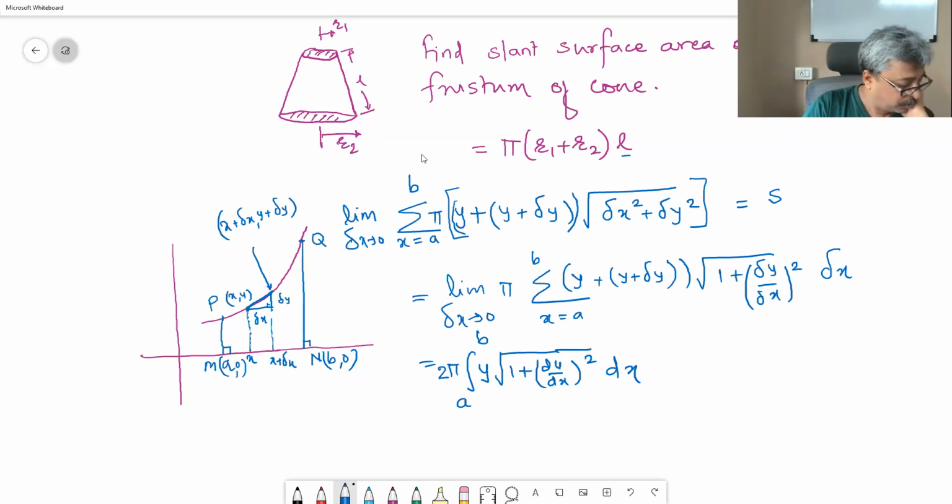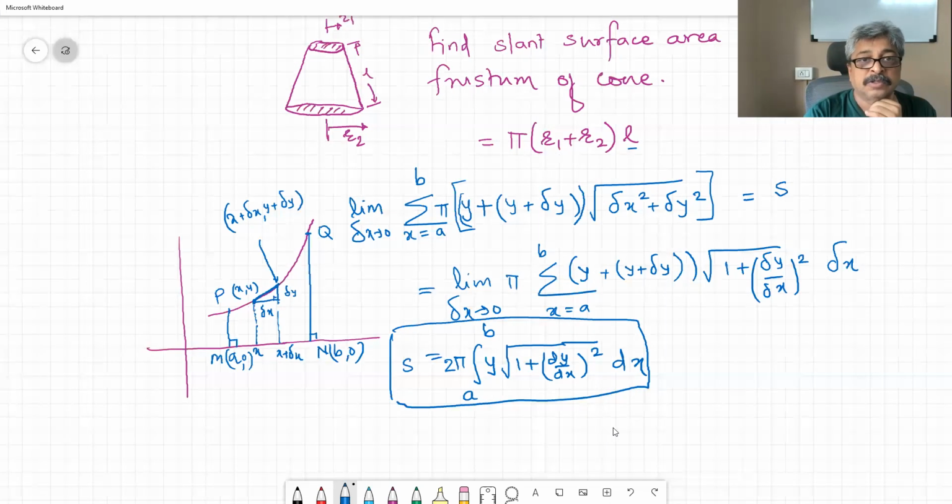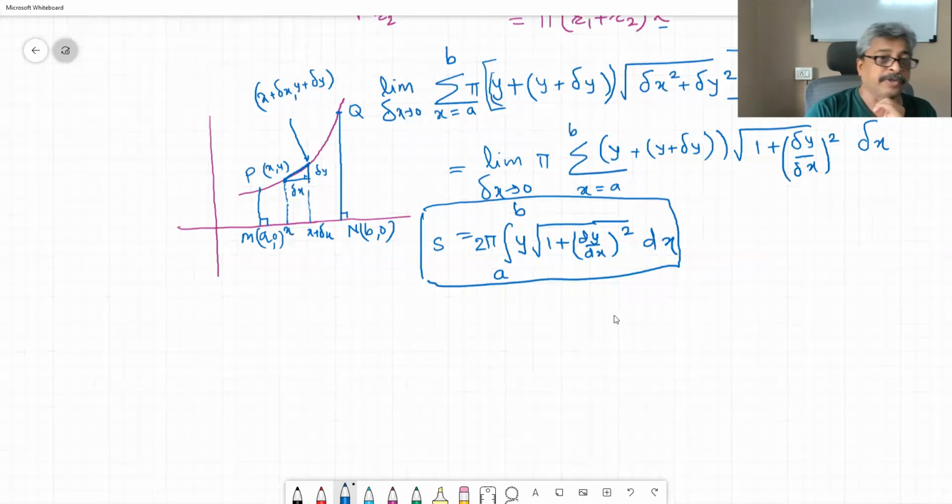This is what is going to be our formula for surface area. Is it okay? This is y. So this is our surface area formula. Any questions? Otherwise I give you a numerical question.